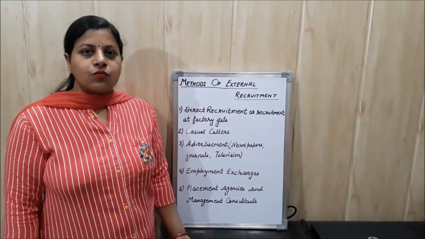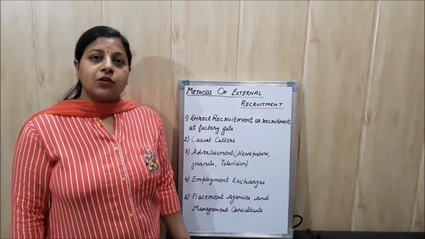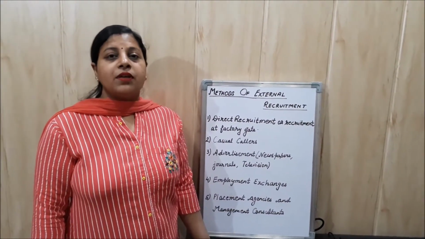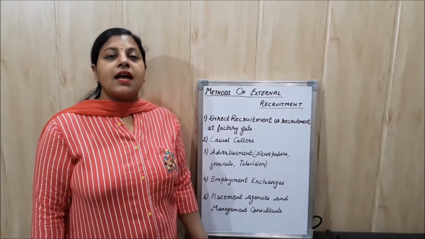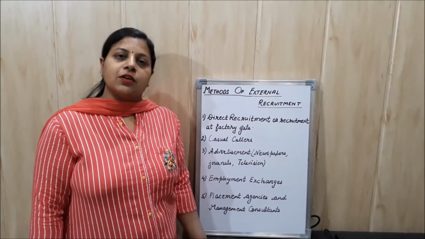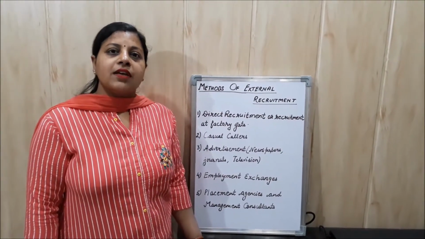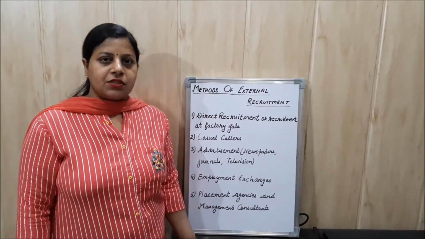We have discussed what we mean by external sources of recruitment, when we are recruiting employees from outside the organization. Today we are going to discuss what the methods of external sources of recruitment are. There are a number of methods through which we can recruit employees from outside the organization.